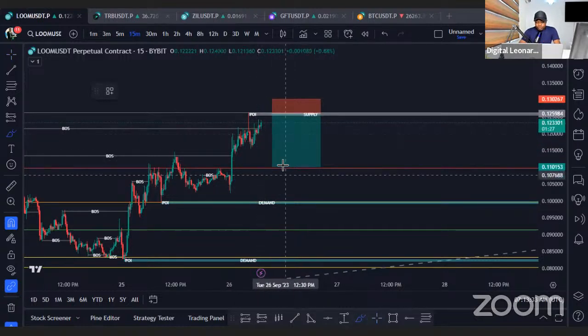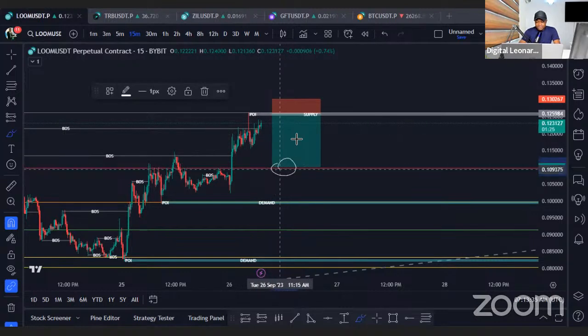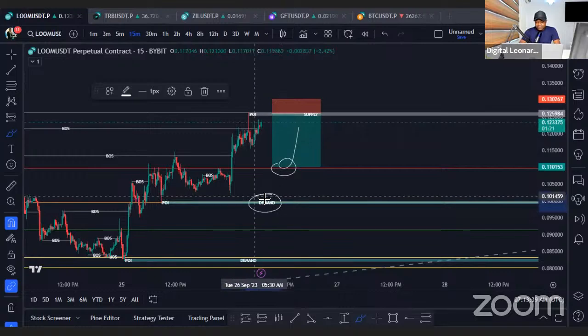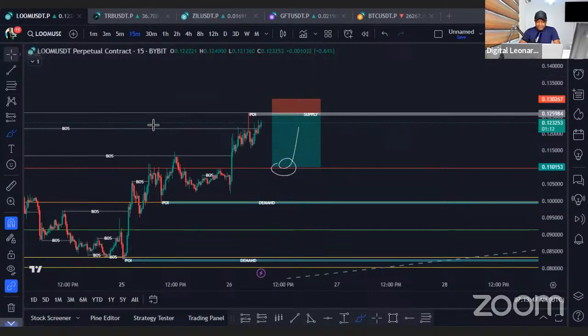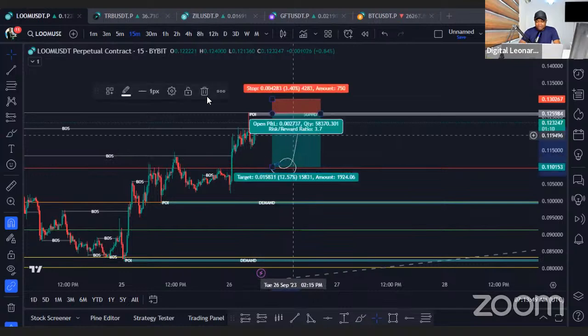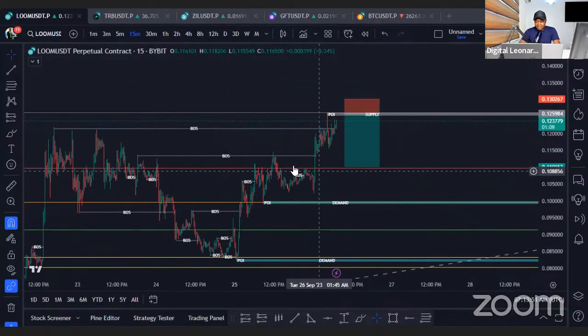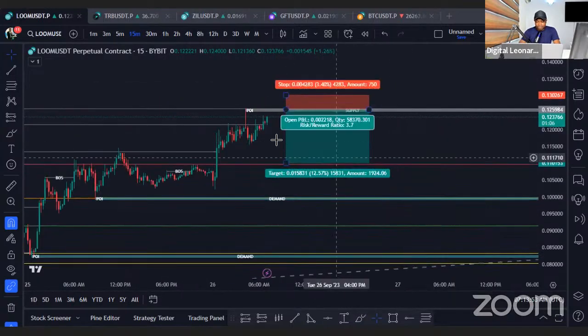But if we do get down to this level and reject from there, be looking for a long trade, or even down to this level here, be looking for a long trade to the upside. That's personally what I'll be looking at for this particular token, but I'm going to be scalping this as it gives me the opportunity to.